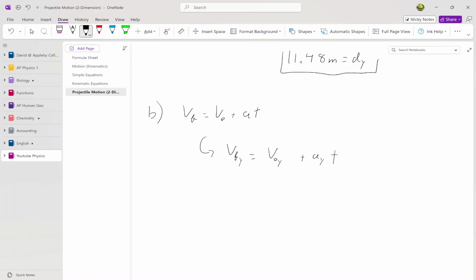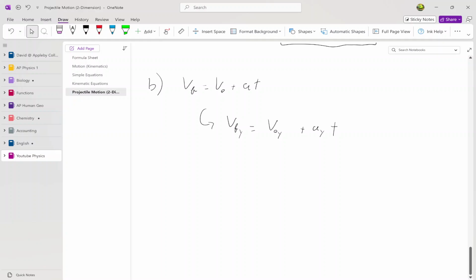Remember, t is universal. Now we're trying to isolate for t, so it's Vy minus V0y, divided by ay, equals t.